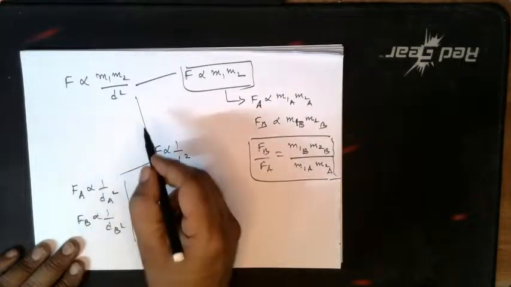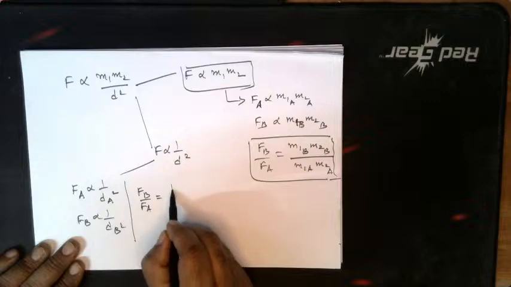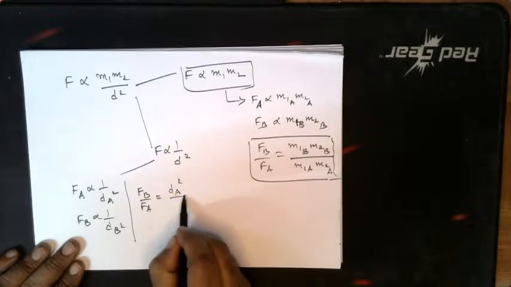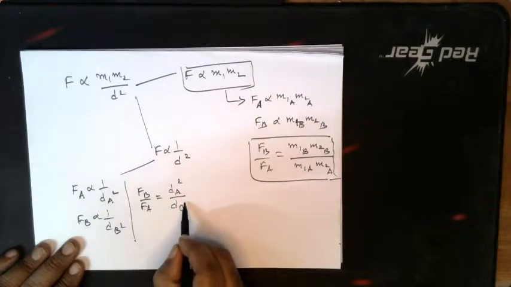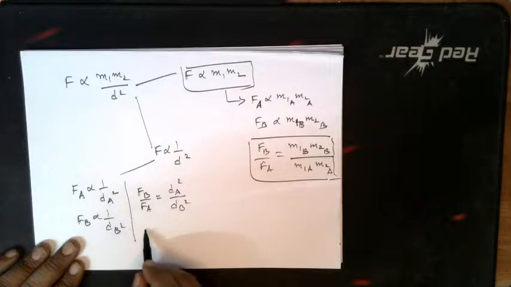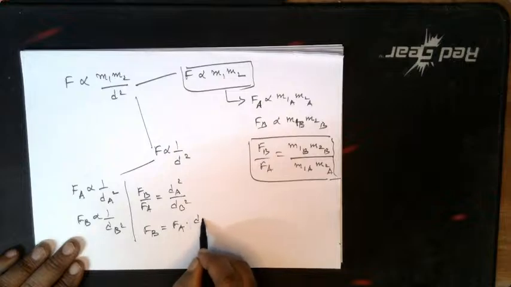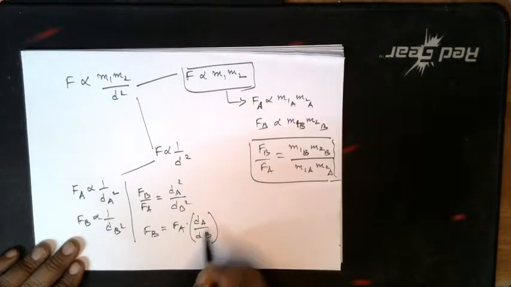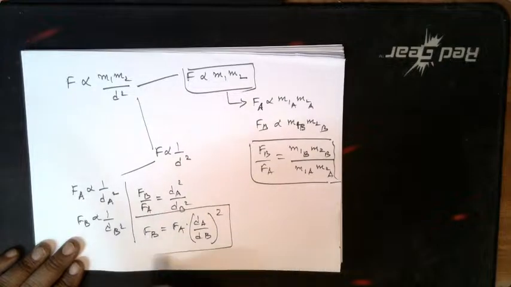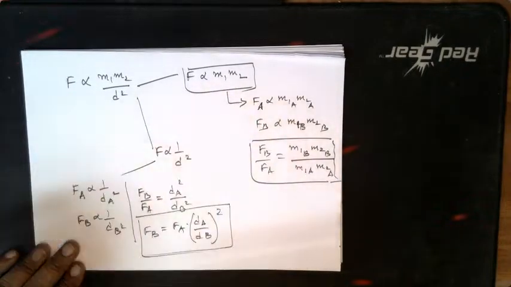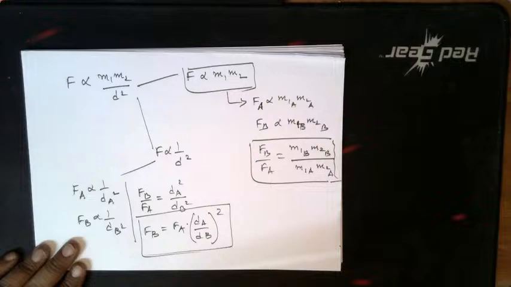So dA squared will be in the numerator, so dA squared divided by dB squared. Okay, so this can be rewritten as FB is equal to FA into dA by dB the whole square. So you can conveniently change this and effectively substitute here. Are you able to follow this?